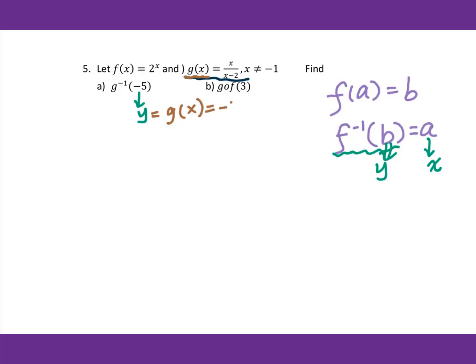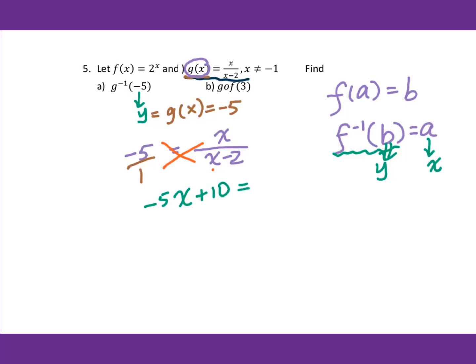That equals negative 5. We plug g of x into negative 5 equals x over x minus 2. Then we solve for x. We do cross multiply. Negative 5 times x, that's negative 5x. Negative 5 times negative 2 is positive 10 equals 1 times x is x. This is a linear equation, so add 5x both sides.